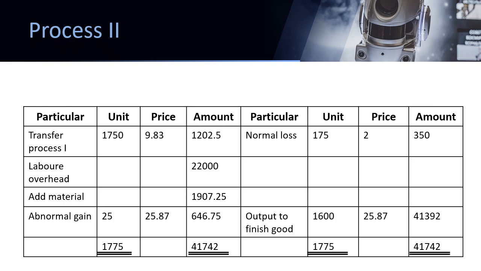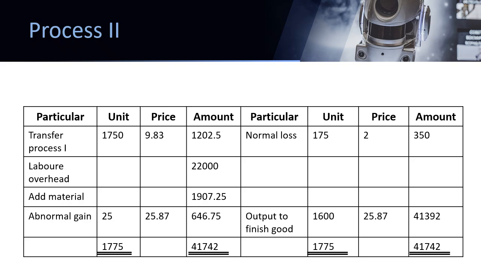Its total unit is 1775 and its total amount 41,742. Its credit side shows normal loss. Its unit is 175 and price is 2. Its amount is 350.